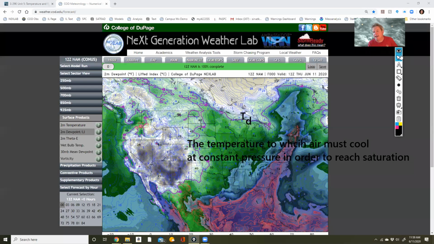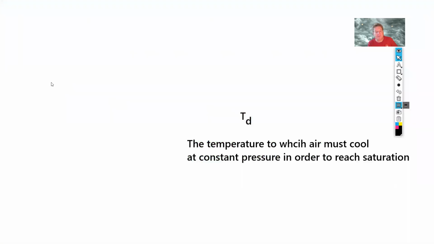And why is that? Well, we said this before, that when the temperature goes up, and I'll draw a little arrow, what does W sub S do?